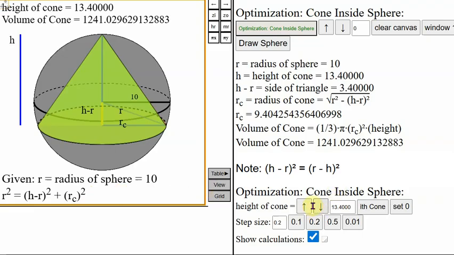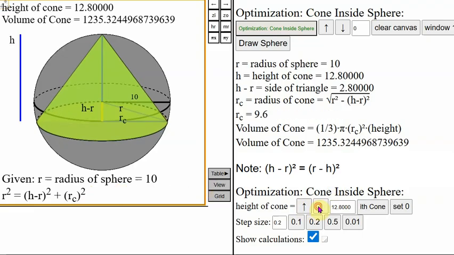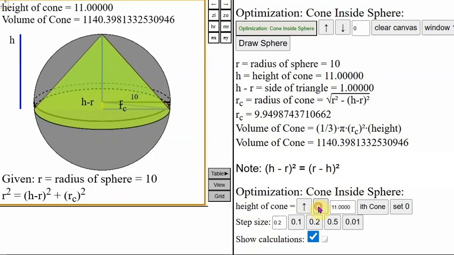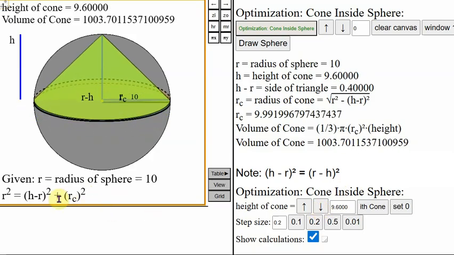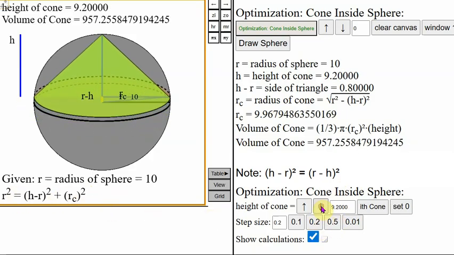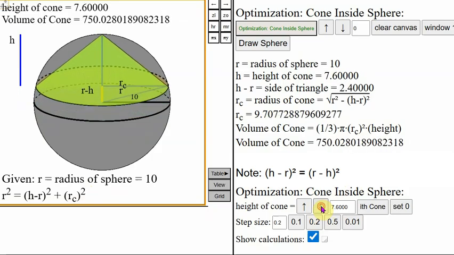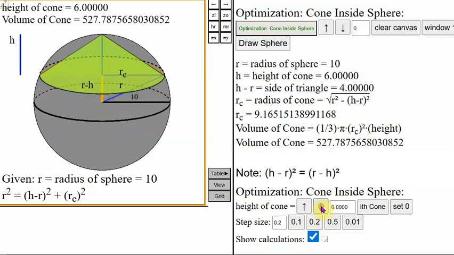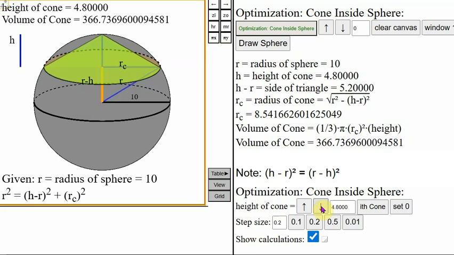And as I change the height, we see that it's always going to be this relationship right here. So r squared equals (h minus r) squared plus r sub c, the radius of the cone, squared.